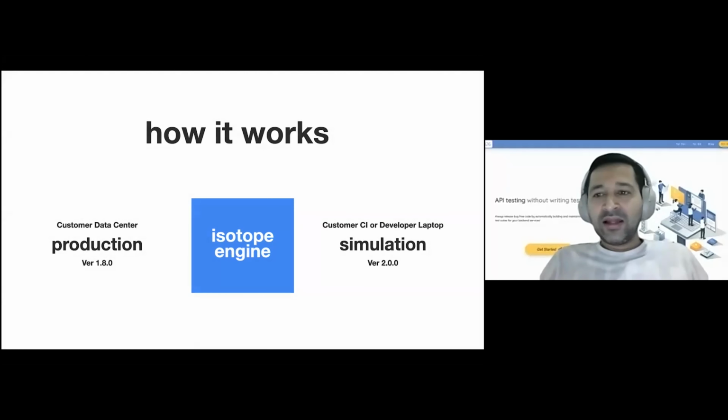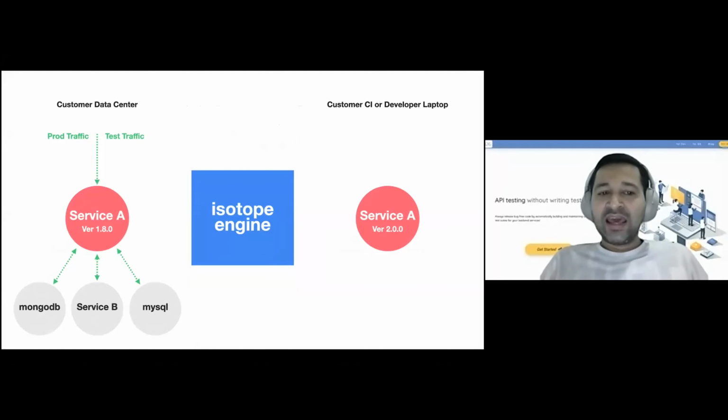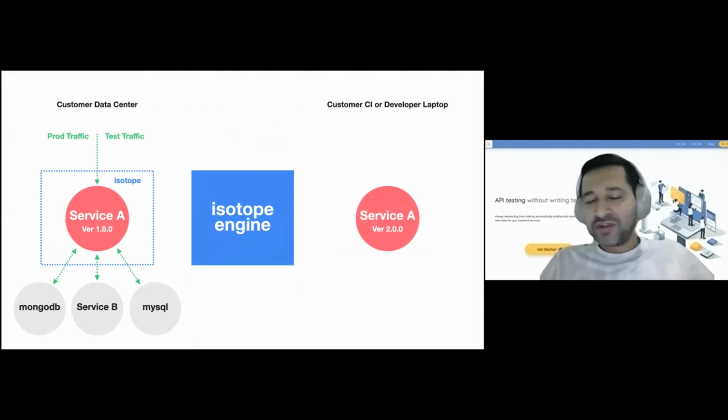Well, let's imagine that you've got a service that's running in production and it's receiving traffic. And in order to serve this traffic, it has to talk to a bunch of downstream dependencies. What Isotope does is it builds this box around your service where it's able to watch all the incoming requests, outgoing responses, and also at the same time, all the downstream interactions that your service is having in order to serve that request.